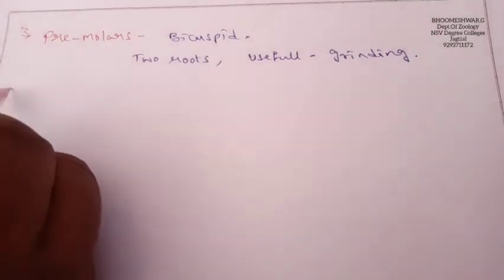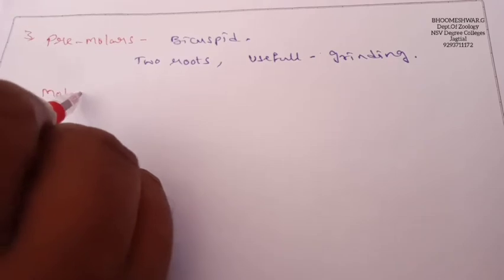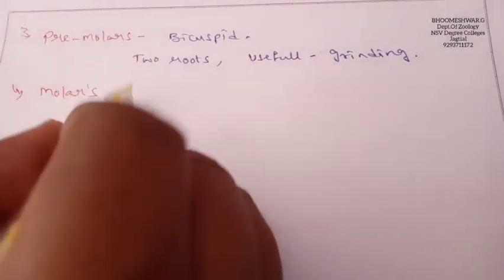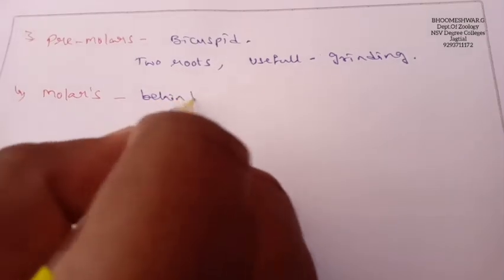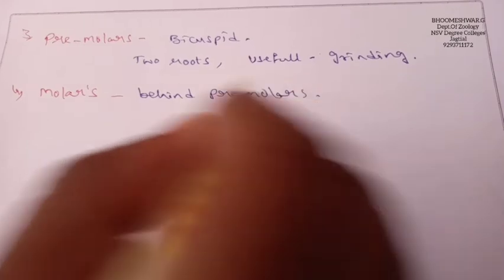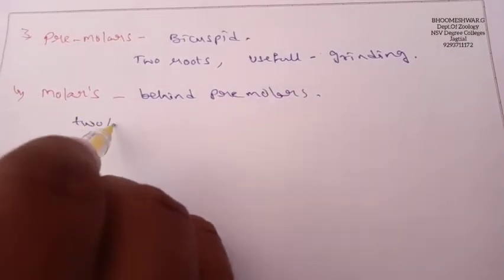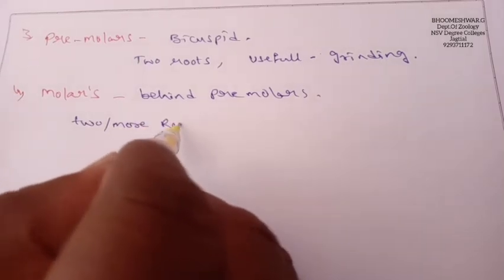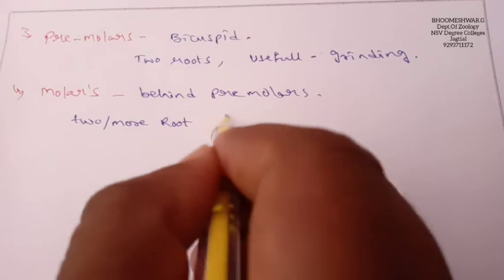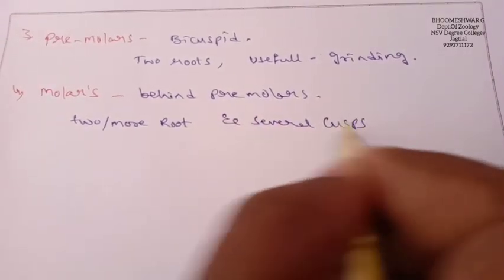And the last type of heterodont teeth is called molars. These molars are located just behind the premolars, and they have two or more roots, which are the hidden part of the tooth, and they have several cusps.